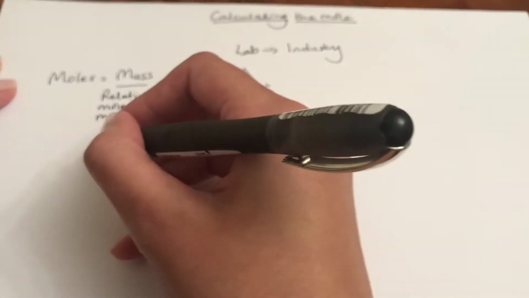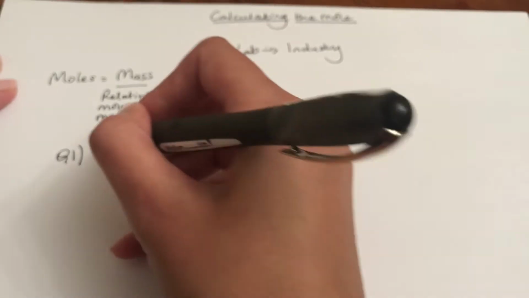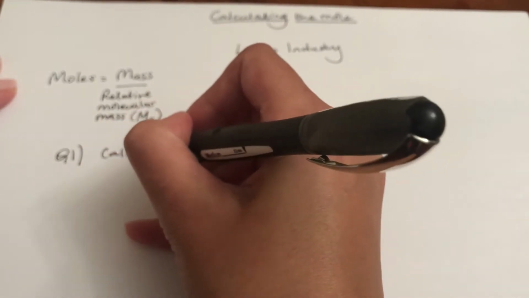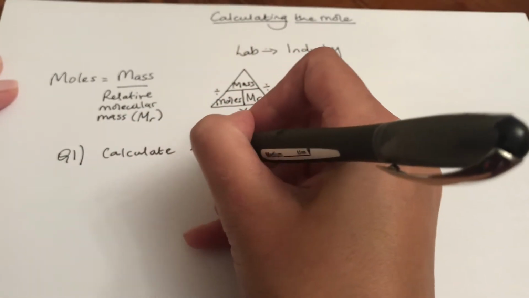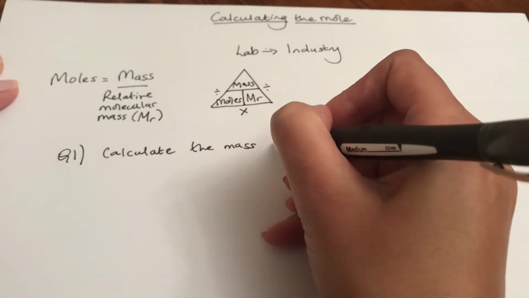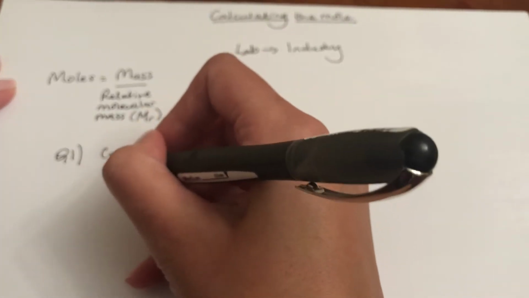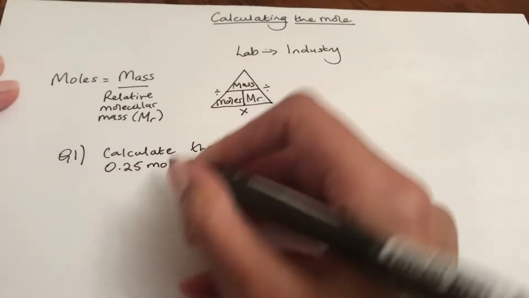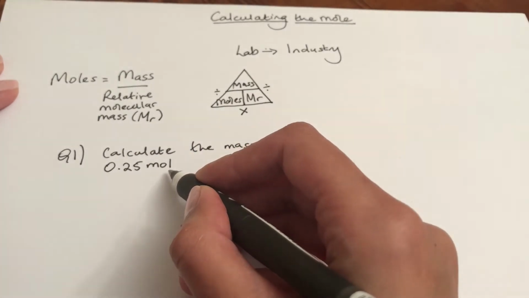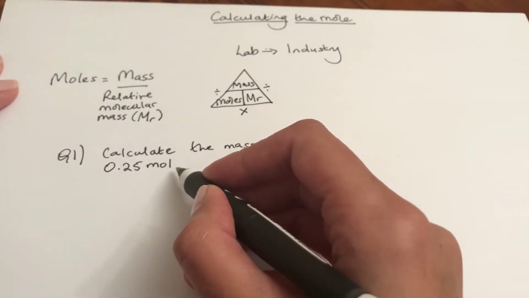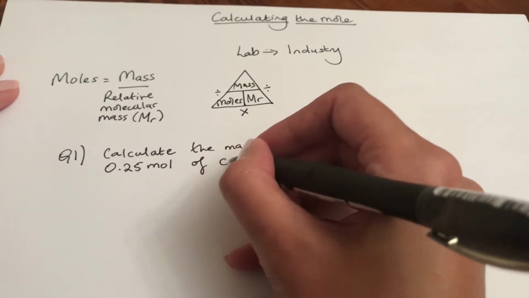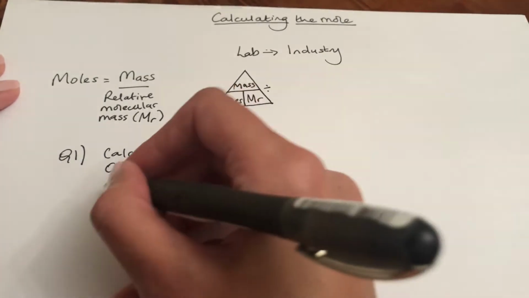Okay, so question 1, calculate the mass of 0.25 moles. Now that's the units, remember, of moles. It's just a thing in chemistry, we take the E off just to keep things a little bit exciting, of carbon dioxide.